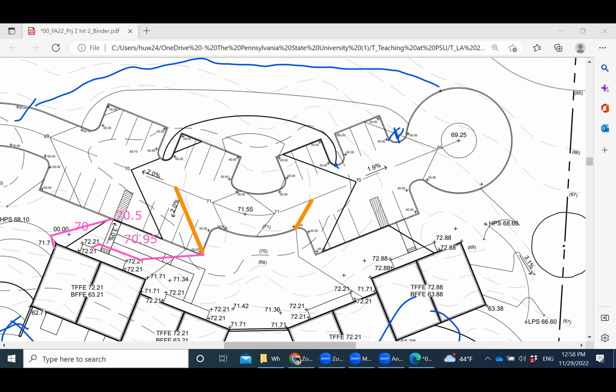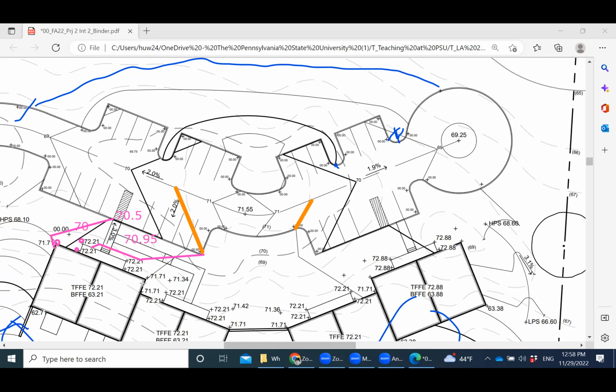You would move 70 over, and then you can decide this will be 70.1, something like that. Then you can see the sequence of deciding on the spot elevation. And then with 70 and 71, you would know the ground elevation here would be roughly 70.5. And here would be a little bit higher than 70.5 because you want this to be a little different from that one so that you can drain better, right?